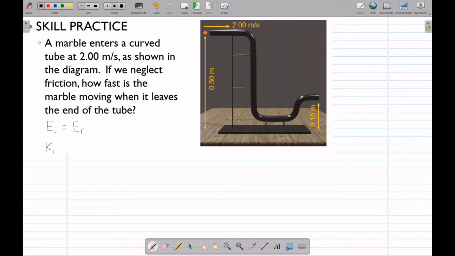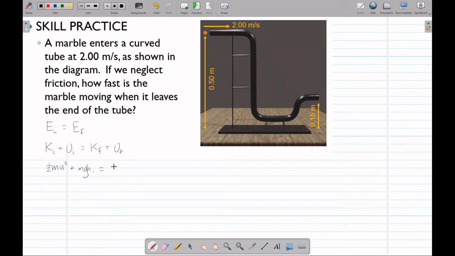So we will say that the kinetic energy of the marble going in plus its potential energy going in is exactly equal to its kinetic energy coming out plus its potential energy out. We know that the kinetic energy of the marble is given by 1/2 the mass times the velocity, call that V_I, squared. And its potential energy is equal to mass times gravity times height. We'll call that initial height.